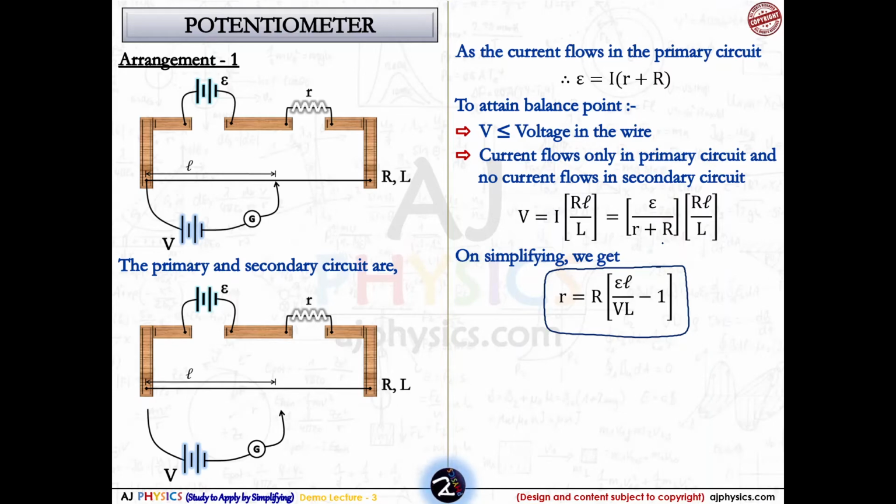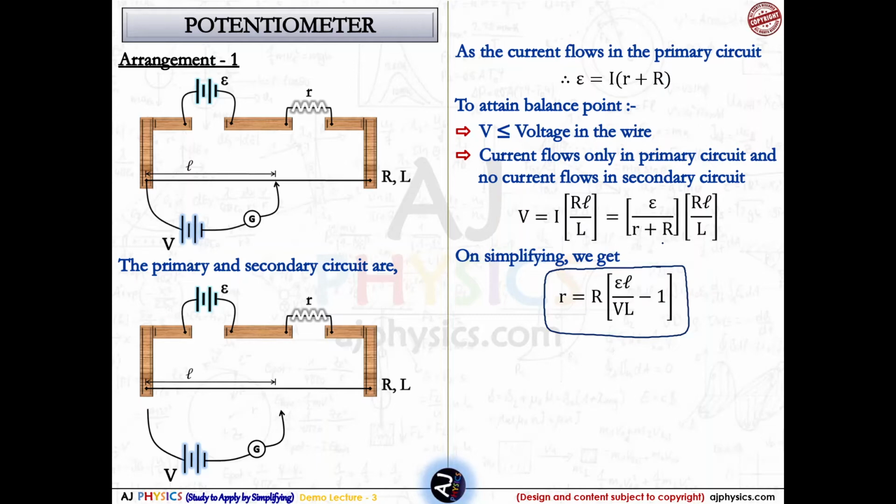This relation can help you calculate the readings required for the balance point in the potentiometer circuit while you are performing the experiment. And if you understand this relation in detail, you won't need to touch the potentiometer circuit.